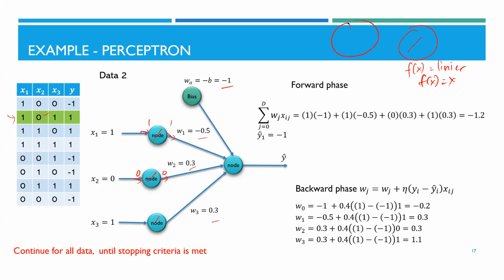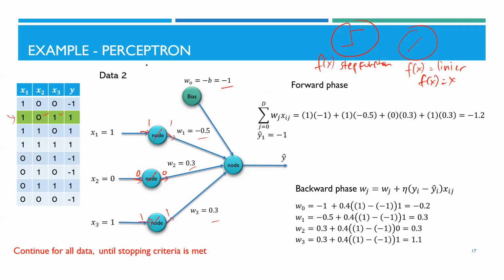Sometimes you will see another symbol for the activation function, which is the step function. Here for the input we still use linear. Continuing, x3 is 1, so the output is 1.